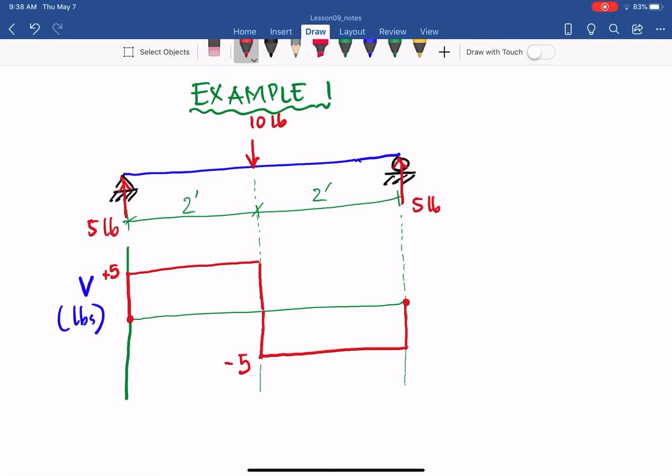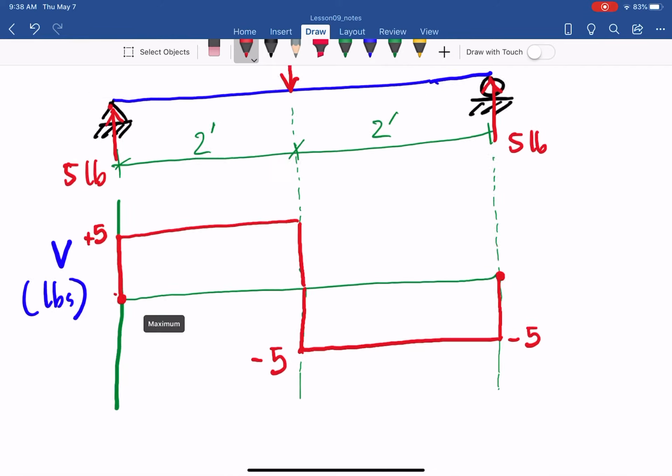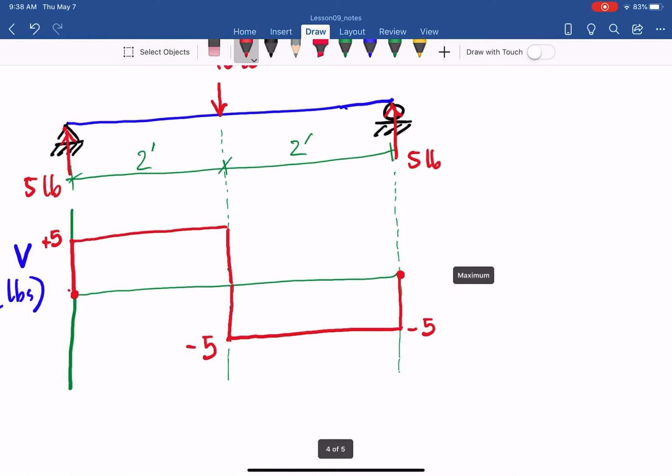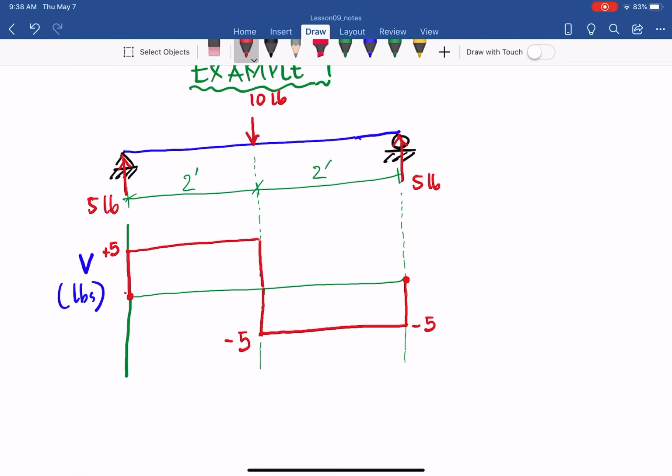Bottom line, if you draw the shear diagram correctly, you start at 0 and end up at 0. If it's not closed, then something is wrong in your diagram. And again, always draw from left to right.